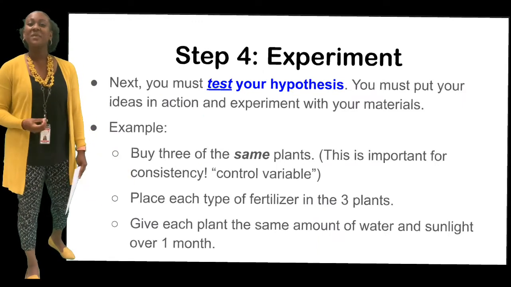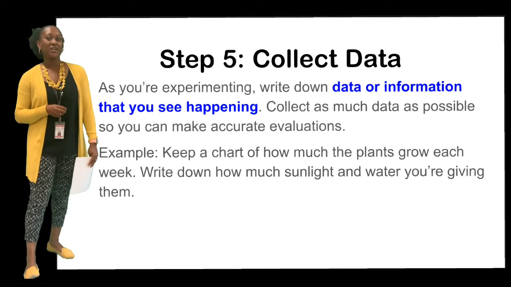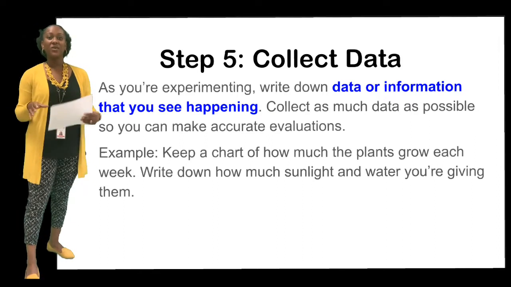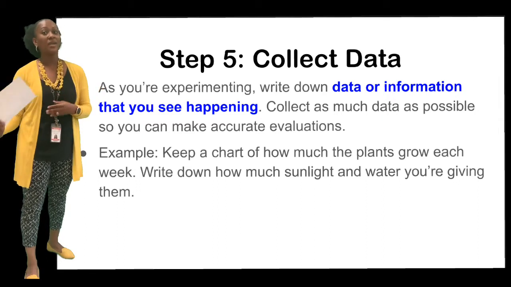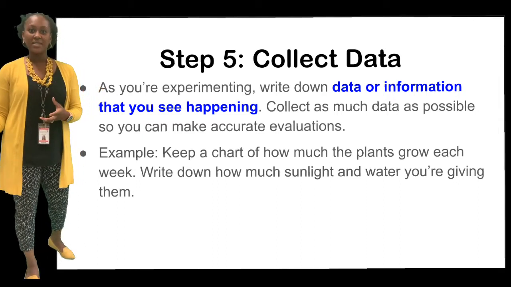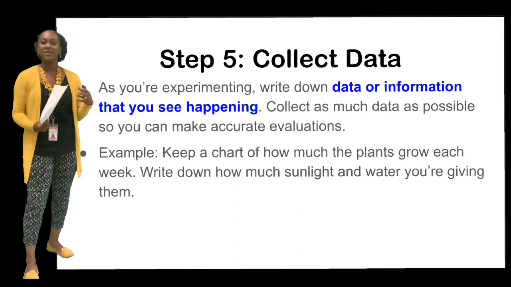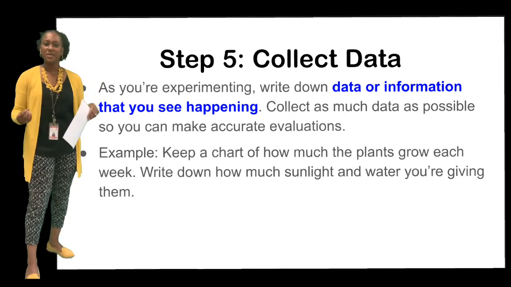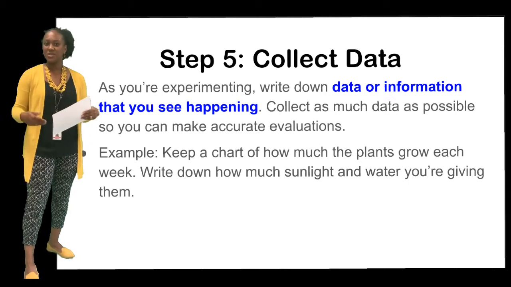Okay, you're going to experiment, and while you're doing that, you're going to be collecting data. Okay, and that data can be numeric, or it can be a quality. Your data is not always going to be a number. It could be that you're taking pictures. It could be that you're rating the quality of whatever it is that you're checking out.